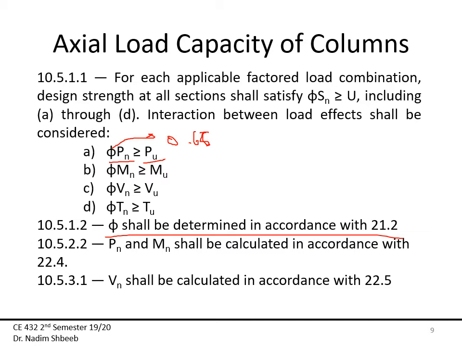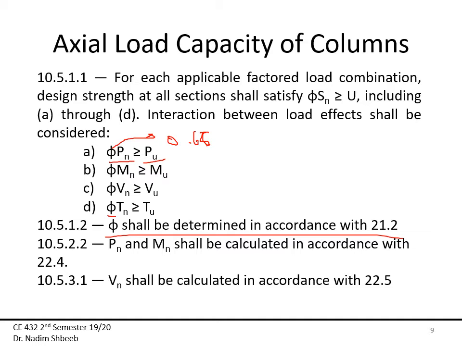Phi for flexure, again, is going to range between 0.65 and 0.9, from compression controlled being 0.65 to tension controlled being 0.9. Shear is just simply 0.75, and torsion is also simply 0.75.